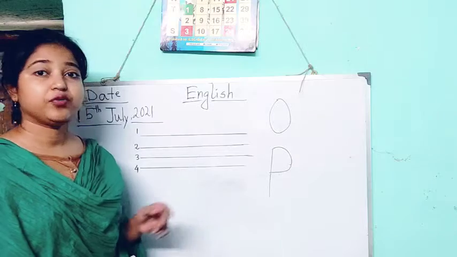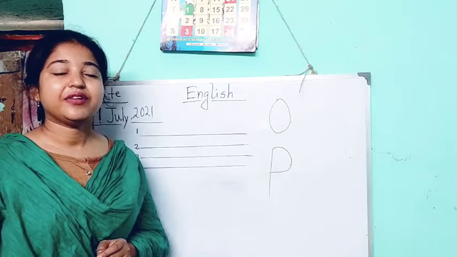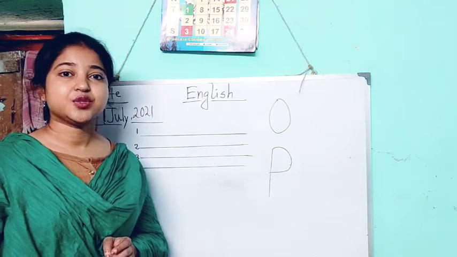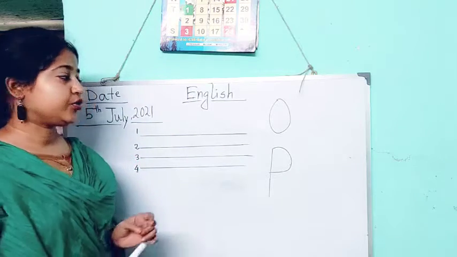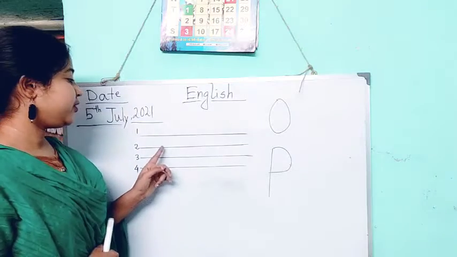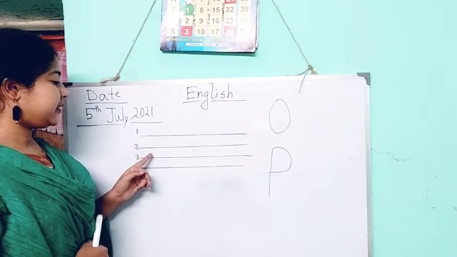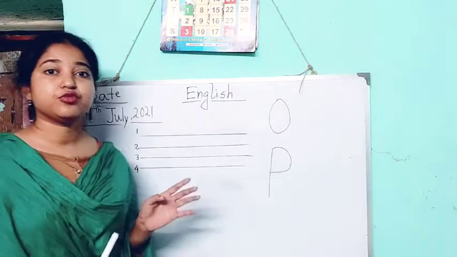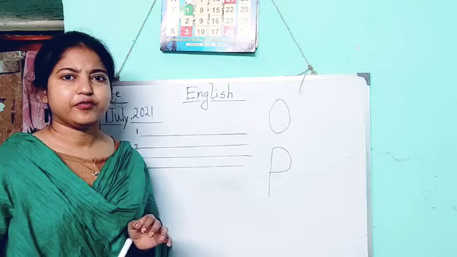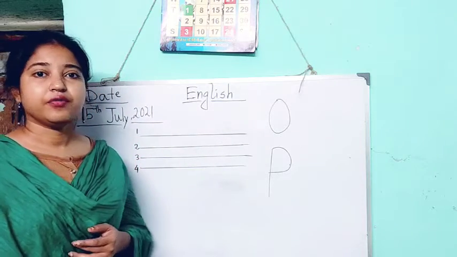Now we will learn how we can write the small letters. For writing small letters, most of the time we will use only lines 2 and 3. And for a few letters we will use the number 1 line and number 4 line.